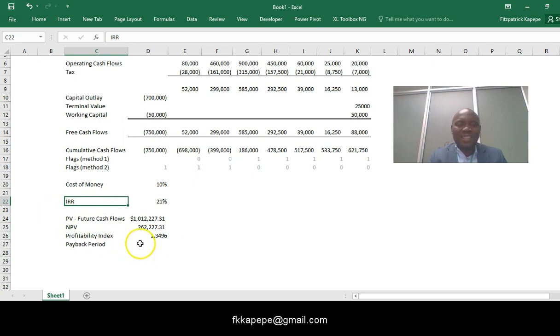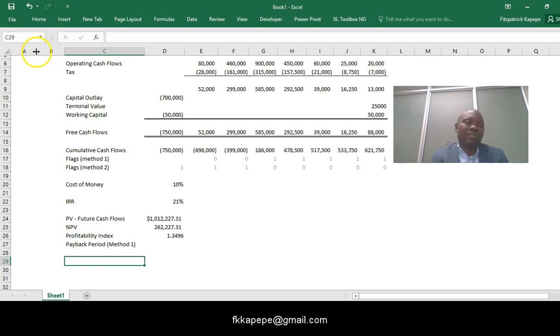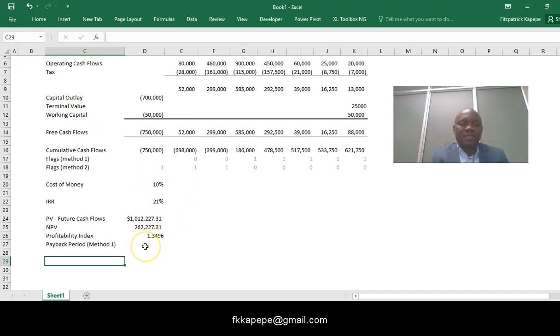Then I'll say method 1. On method 1, we'll say equals index.